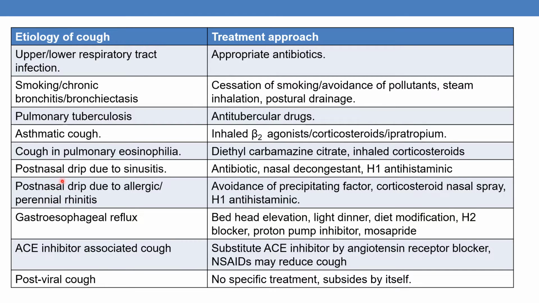If the cough is due to postnasal drip due to sinusitis, appropriate treatment approach is antibiotics, nasal decongestant, H1 antihistaminics. If it is due to postnasal drip due to allergic or perennial rhinitis, avoidance of precipitating factor, corticosteroid nasal spray, and H1 antihistaminic are the drugs of choice.